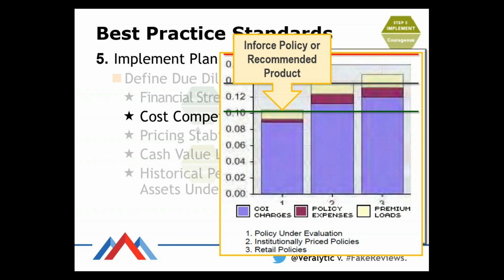So I don't mean to minimize the importance of considering commissions, but in a prudent process where you're defining goals and objectives up front, you're using RATE to identify the right product type. You're doing a search for a product that has competitive cost, competitive performance, and stable pricing representations.